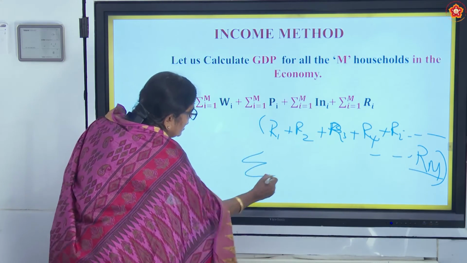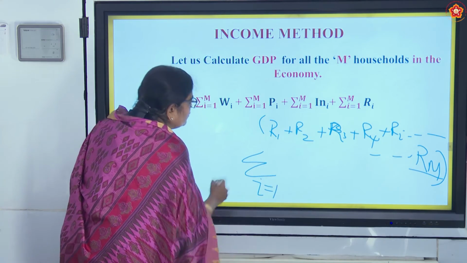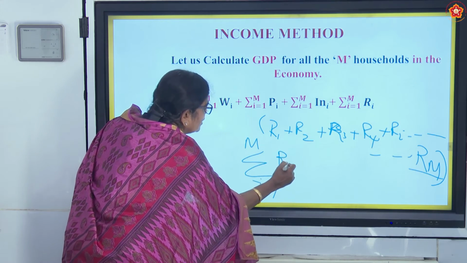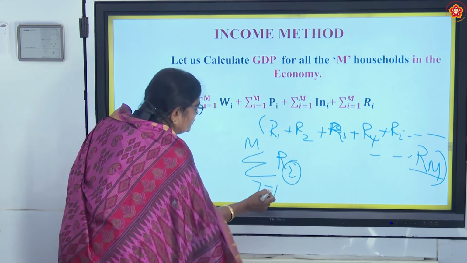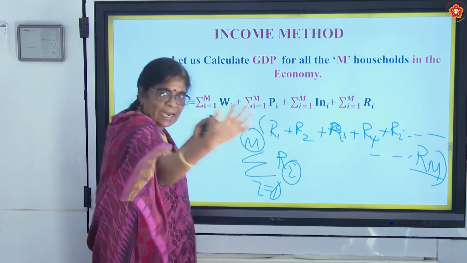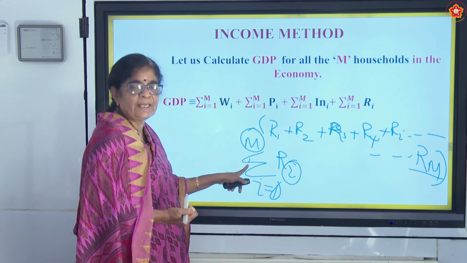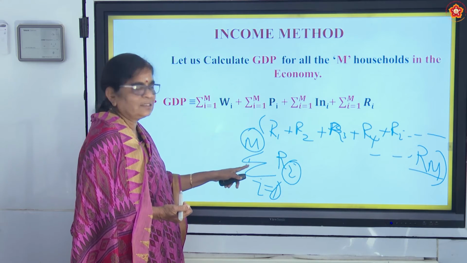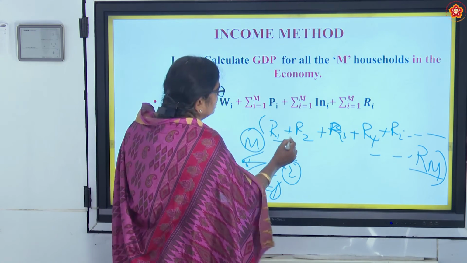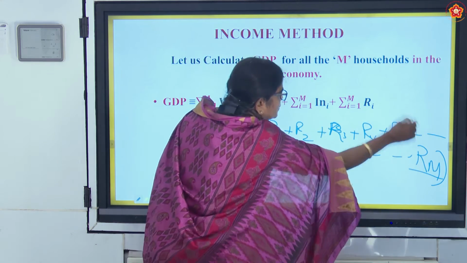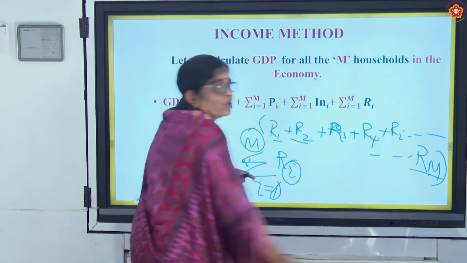We will sum up Ri, where i may vary between 1 and M. I can take any value between 1 and M. You add up, and that is referred to as summation notation, adding up all the M households.